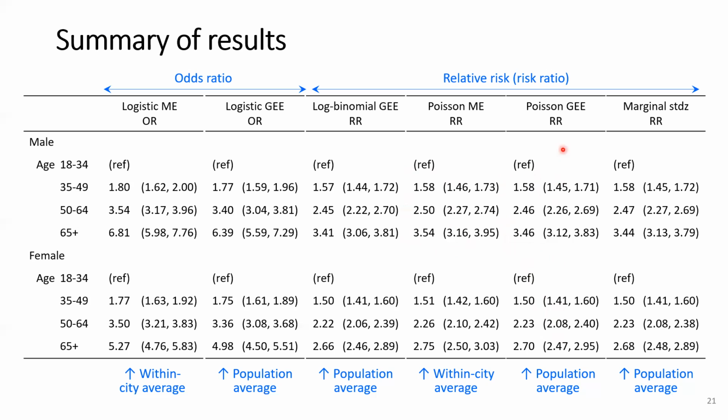With the GEE model, we calculate the population average, the association we see amongst the population. When we use a mixed effect model, we are looking at what we observe in a specific city, which is usually higher. And this is the result from marginal standardization, which is similar to the other estimates.